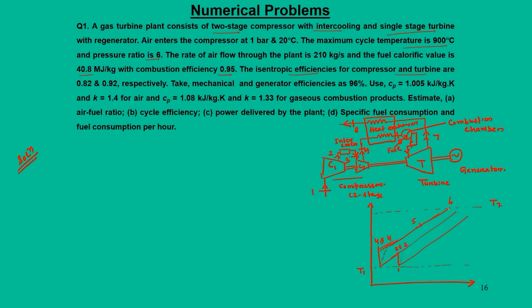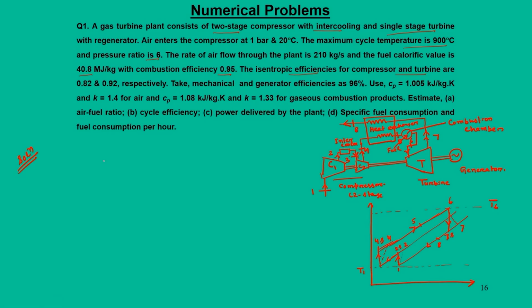So, 6 to 7 is your expansion. So, this is T6 maximum temperature. Non-isentropic expansion would lead you to 7S and 7, and somewhere we will have 8 and come back to the state 1. So, with these notations we have 2 stage intercooling and then single stage reheat.